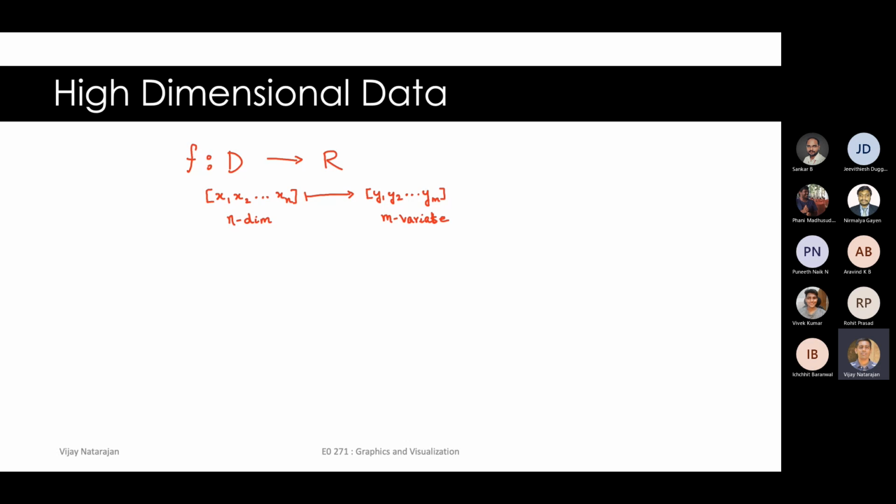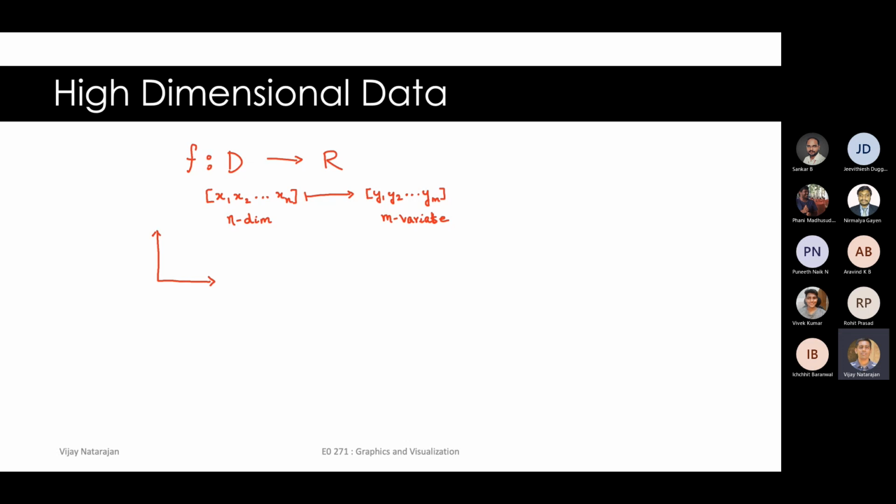Otherwise, it's multivariate, right? So far, we have looked at scalar data and maybe a little bit at vector data. So in general, it can be m-variate data. So for now, let's just look at high dimensional data, n-dimensional data, and not worry too much about the variate property, right? So if you have two-dimensional data, we know how to display it. For example, if they are scalars.